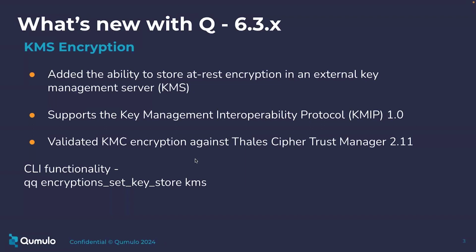For the specifics for your security team, you can see them on the screen there, KMIP 1.0 and Trust Manager 2.11. This is all handled through the CLI. There's a typo there. It should be encryption, not encryptions. Set key store KMS. I'll fix that before it goes to print. But that's how you would interact with that. It is not in the GUI.